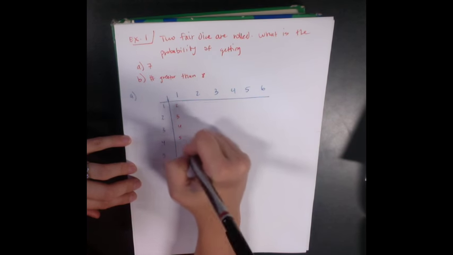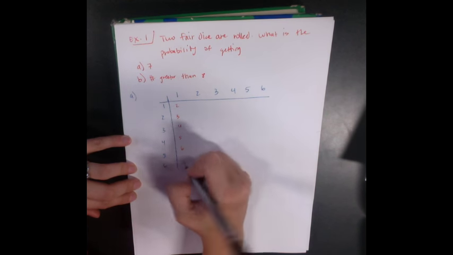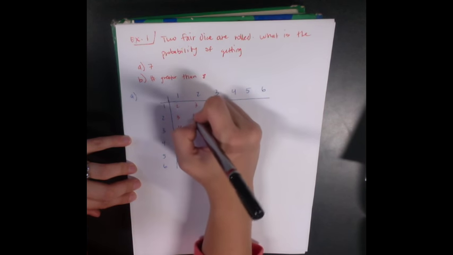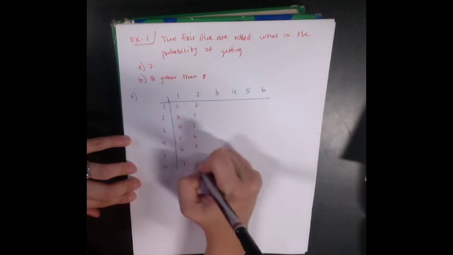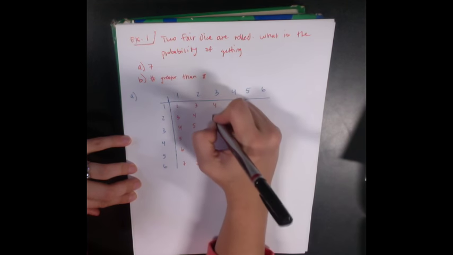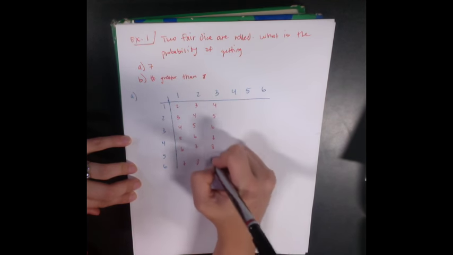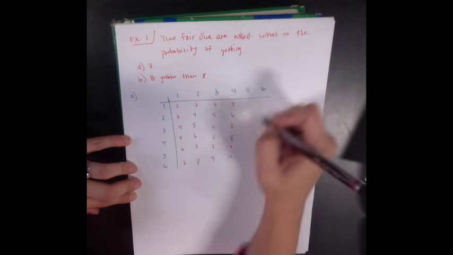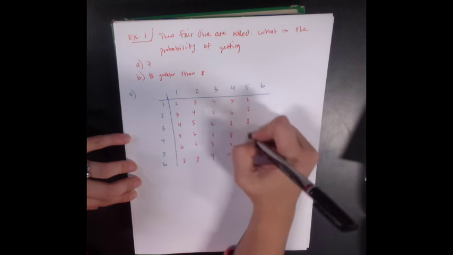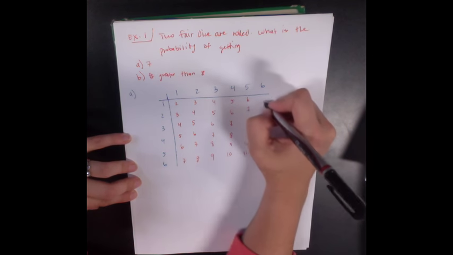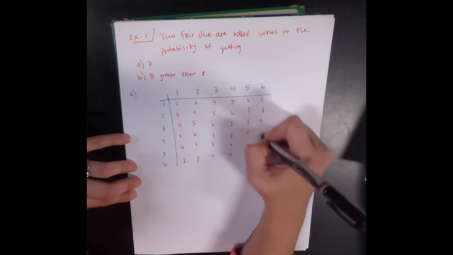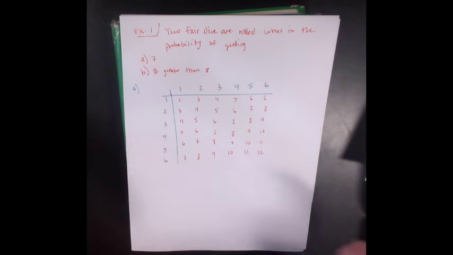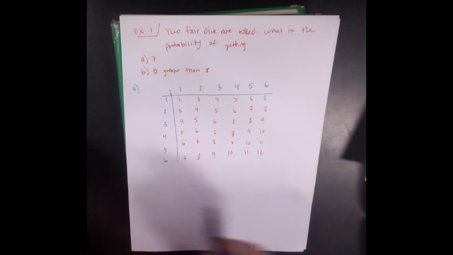Then 3, 4, 5, 6, 7; 1 and 2, 3, 4, 5, 6, 7, 8; and so on, up to 12. These are all of the different possible outcomes.